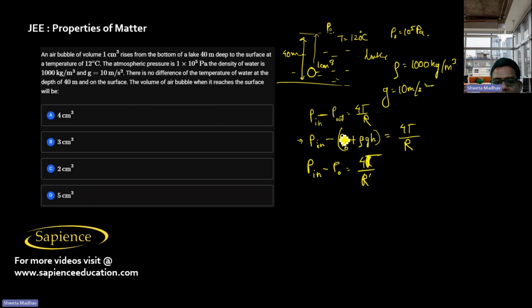Here obviously the difference will be lesser, so 4T by R value will be less, so R will be higher. When it is on the surface, the radius will increase, which is why the pressure difference between inside and outside is lower.